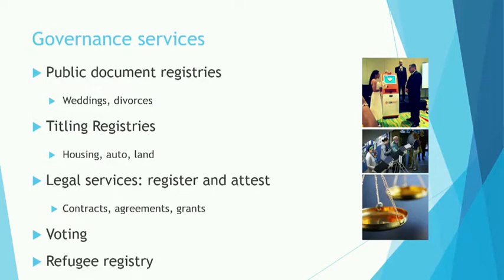In government industries or governance services, you could use blockchain to document title changes. You could use blockchain to register weddings or divorces. You could also use blockchain in voting. Remember that blockchain is publicly available.